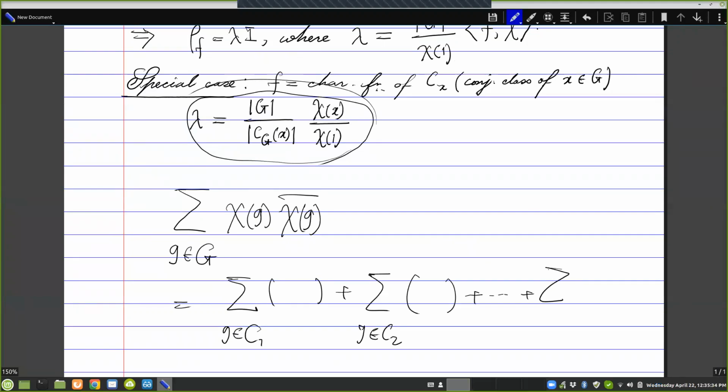Break the sum into k parts. Okay, and the reason for doing this is the following.